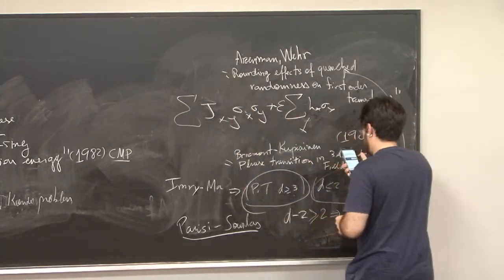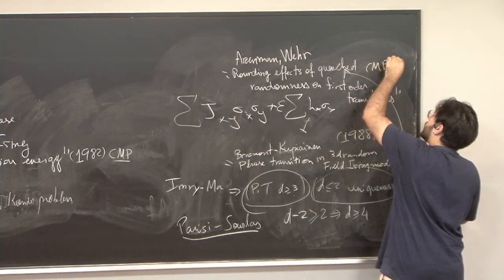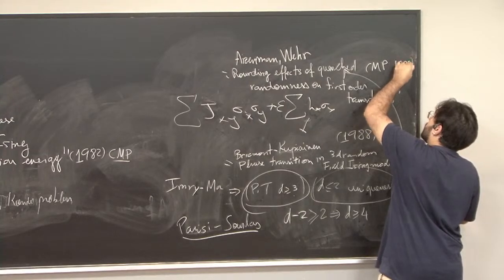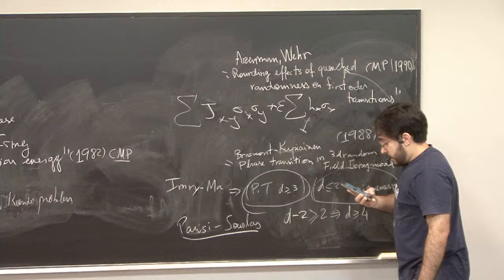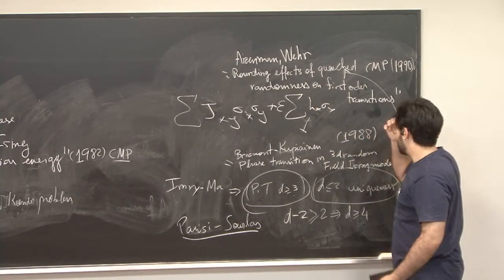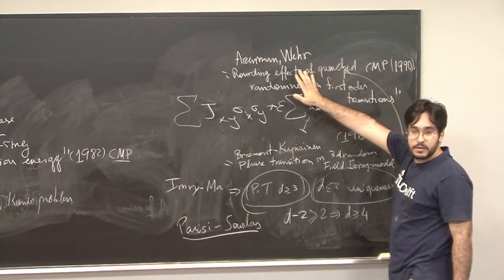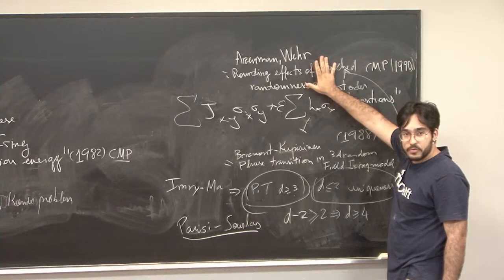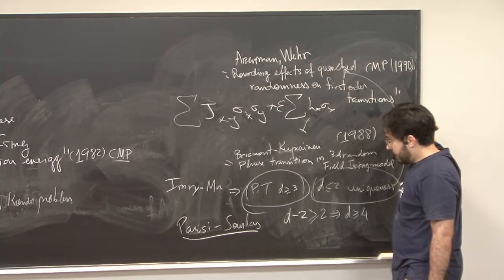This is a paper also in Communications in Mathematical Physics from 1990. And here we don't have a renormalization group, and you have other kinds of arguments. This is also known as a very difficult and very important result.